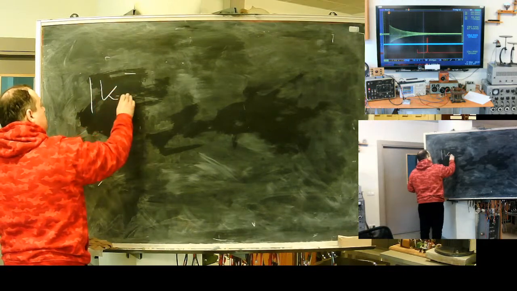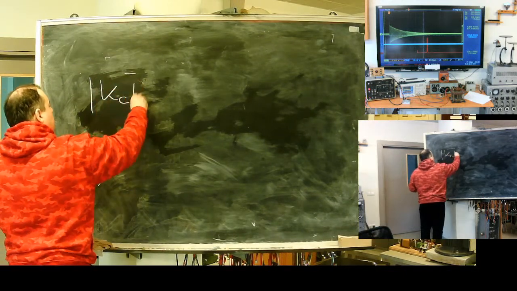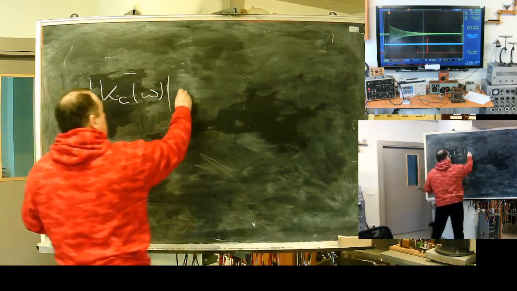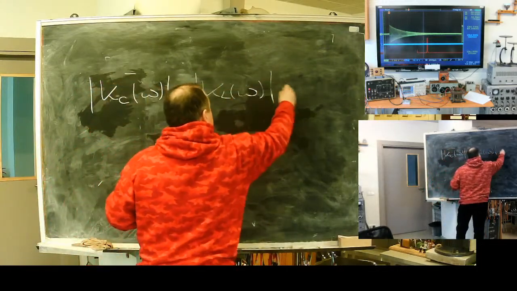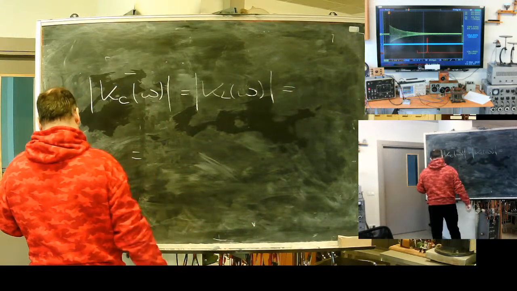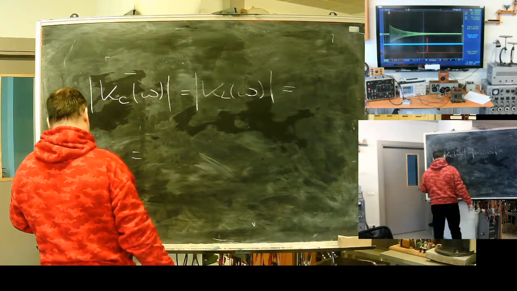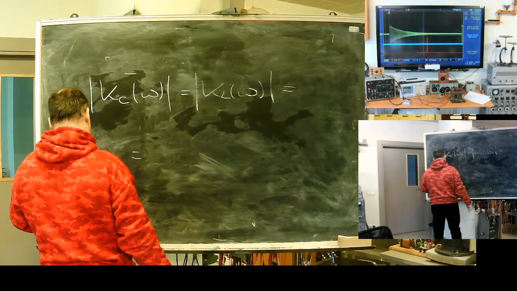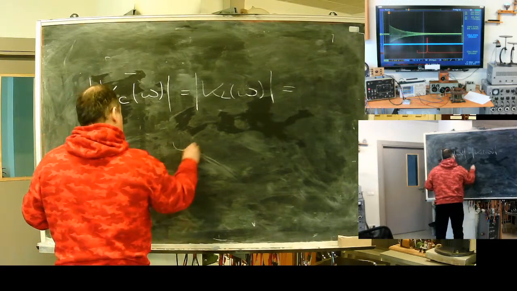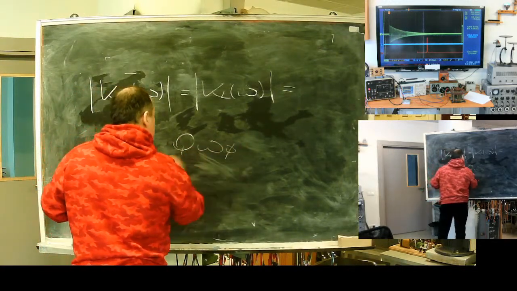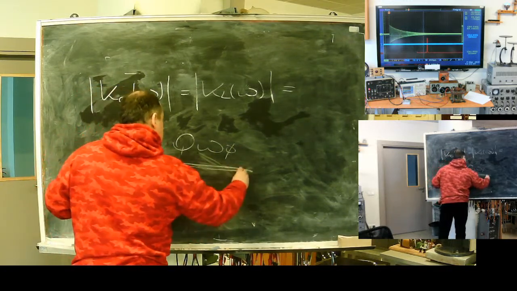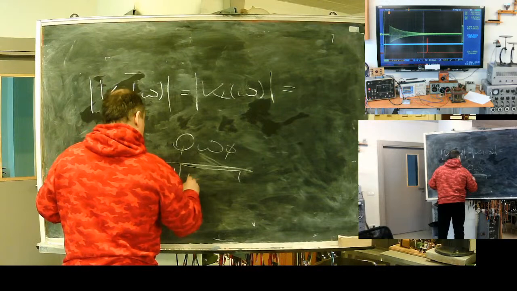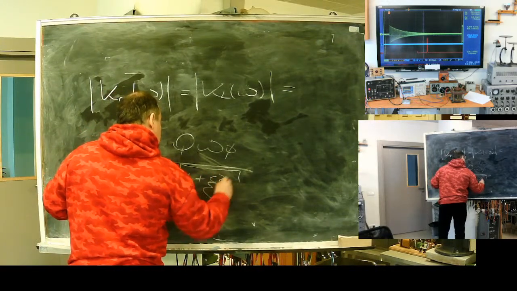Transfer function equals Q omega 0 divided by omega, divided by square root of 1 plus the shift squared.